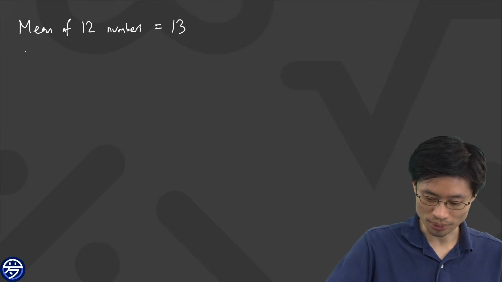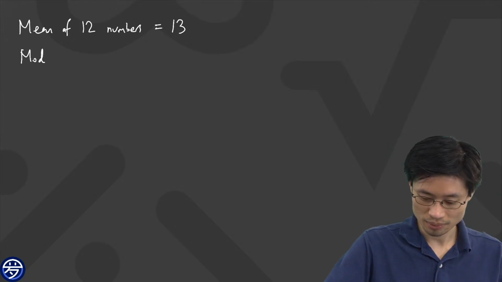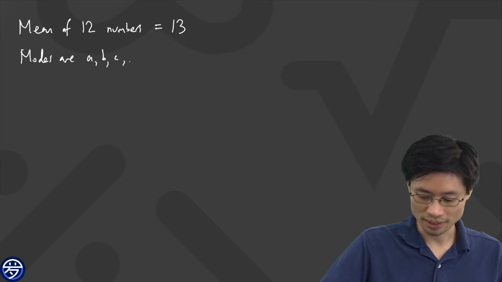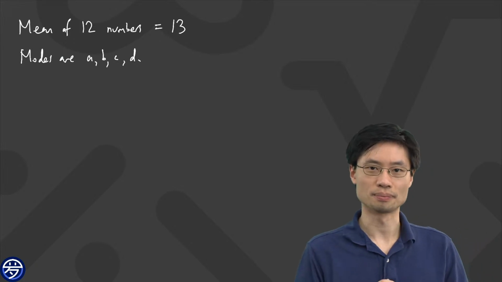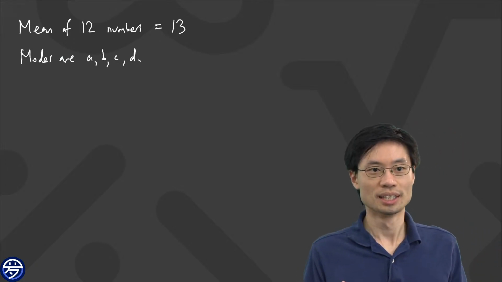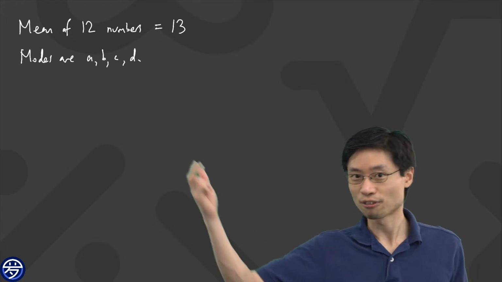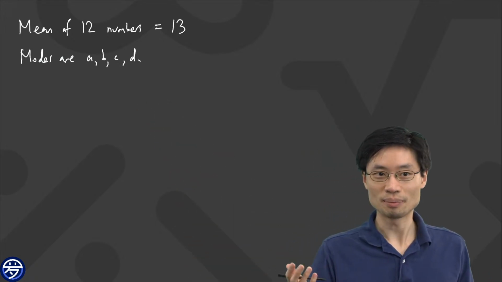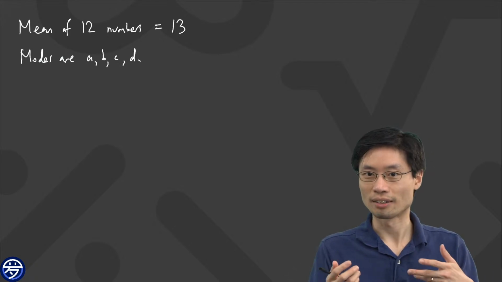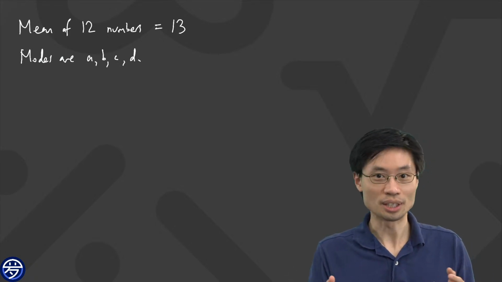There are multiple modes. What does it mean to have more modes? Mode means the number that appears the most often. And if 4 numbers are all the mode, that would mean you have 4 numbers that all appear equally often.